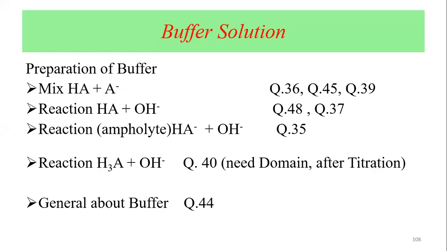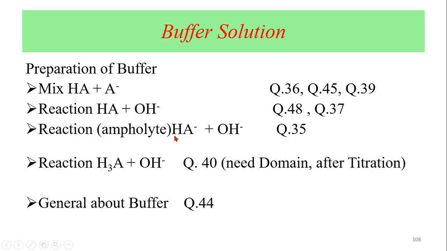Another way to get it is mixing and reacting a weak acid with a limited amount of OH-, such that the OH- gets neutralized in solution and converts some of the HA into A-, such that you end up with the weak acid and its conjugate in solution.